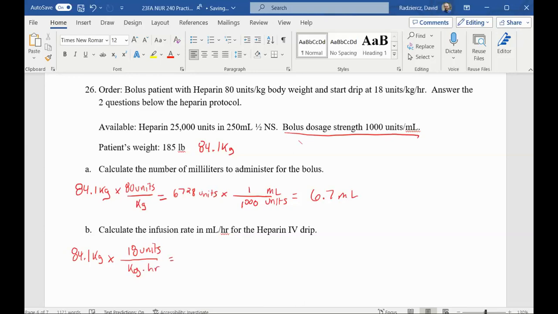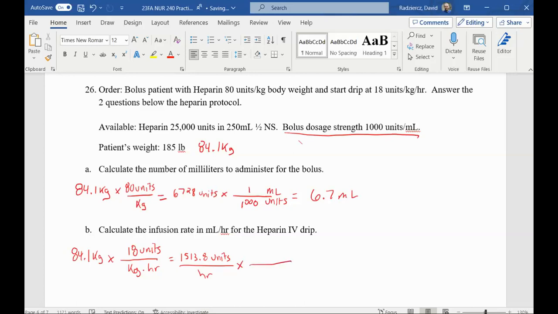I'm going to take that 84.1 times 18, and I'm going to get 1,513.8. And that's units per hour. Don't worry, we're going to get rid of that big number in just a second. I don't want units per hour, I want milliliters per hour.